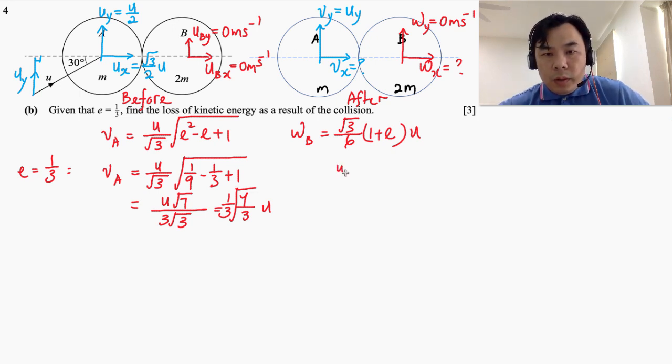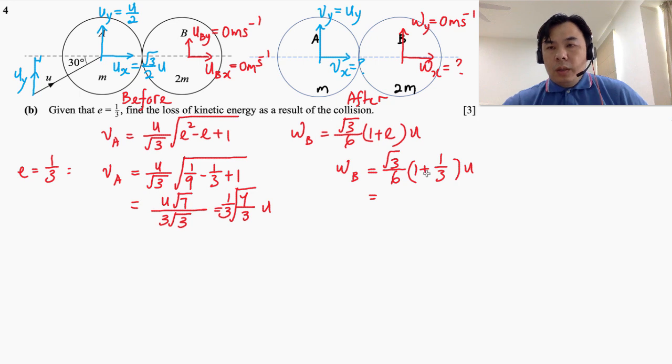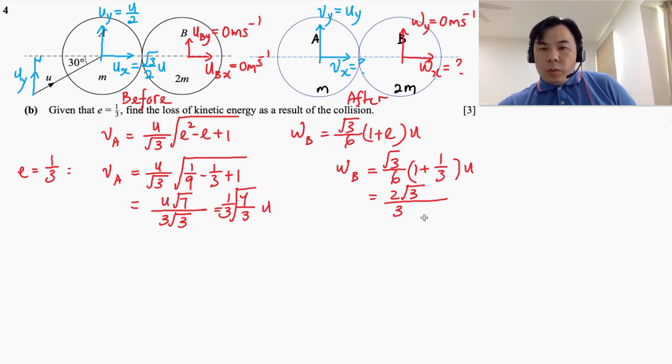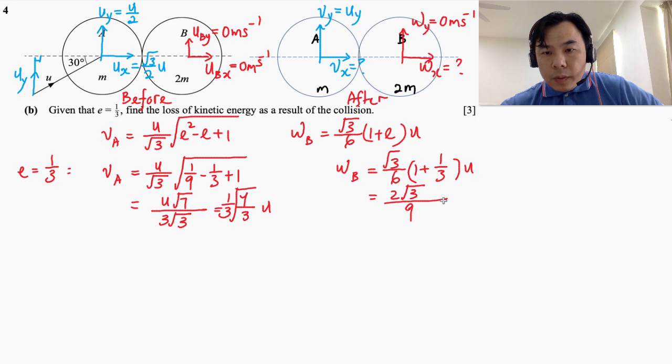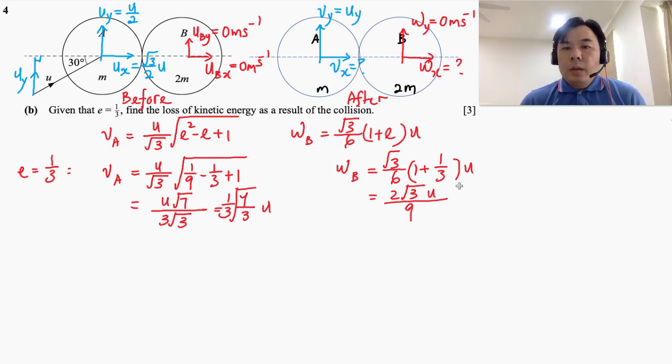And then for the speed of B, we will have 1 plus 1 over 3 u. Okay, so from here there is a 4 over 3. Okay, 4 over 3, I just write that down. Is that a 3? Yeah, correct. So there's a 9 u. Okay, and then there you have it.